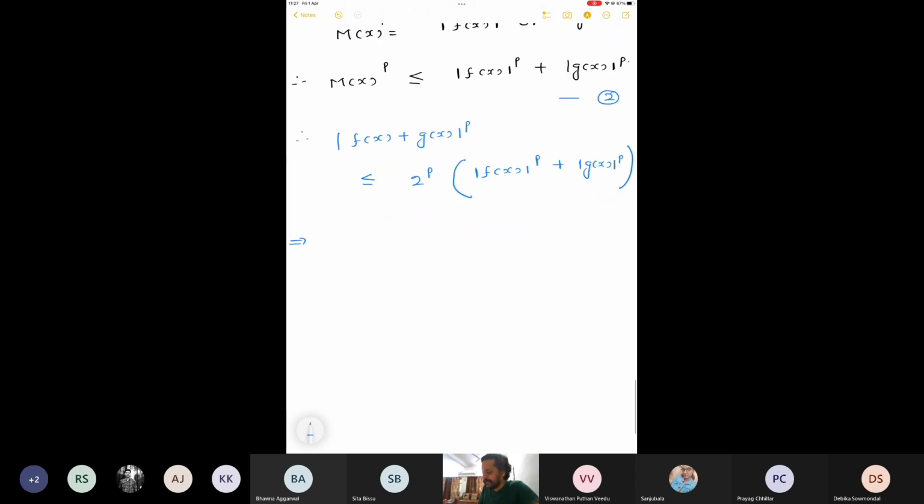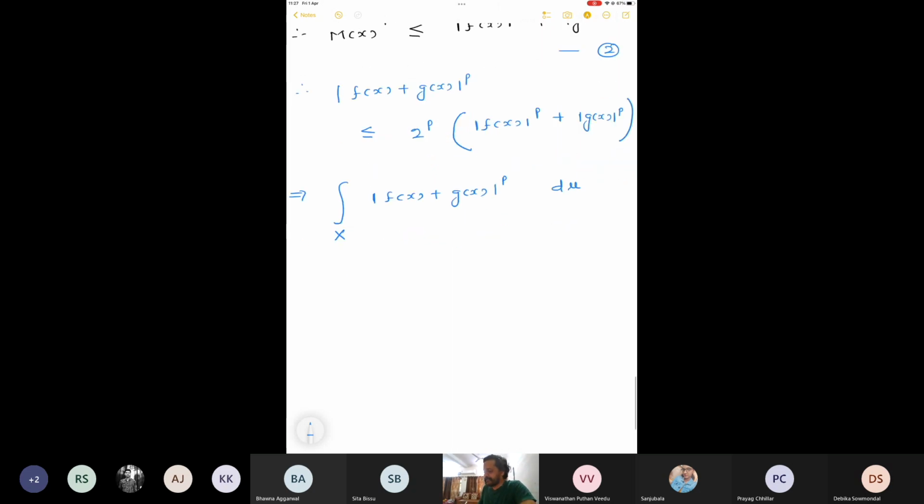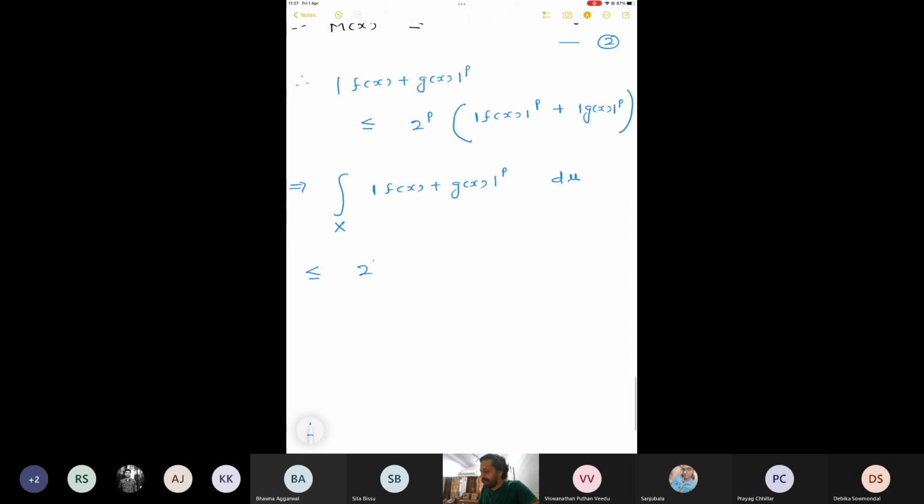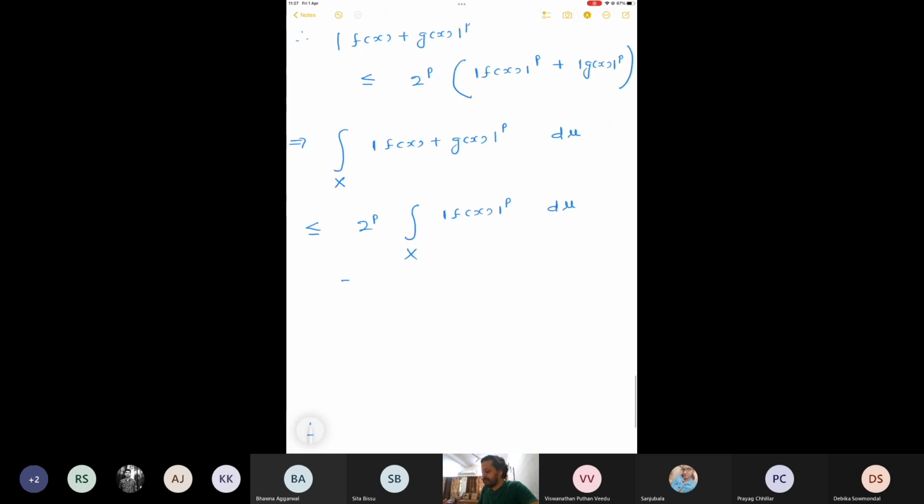Therefore, that implies integral of modulus of f of x plus g of x the whole power p d mu is less than or equal to 2 power p integral over x mod f of x the whole power p d mu plus 2 power p integral over x modulus of g of x the whole power p d mu.